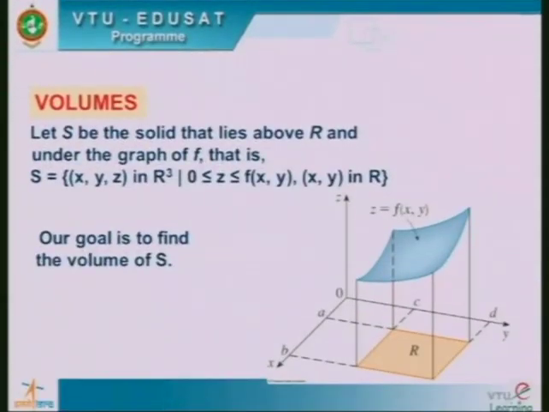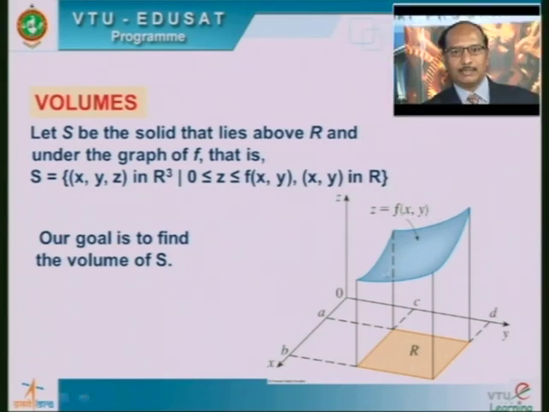Now we denote S. Where is S here? S is the solid that lies above the region R under the graph of f. You can see it in the picture, it is very clear. z equal to f(x,y) is a surface in space, the blue color, and R is in the brown color.